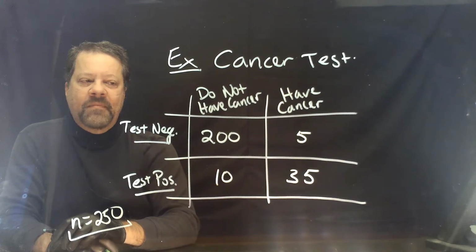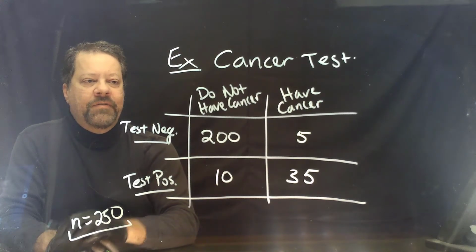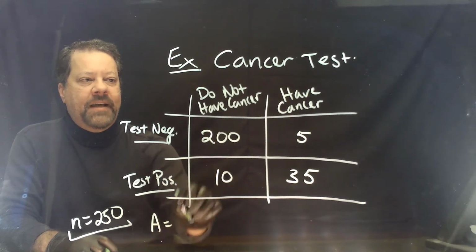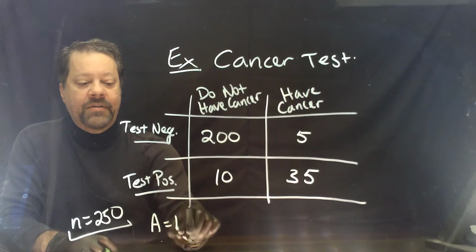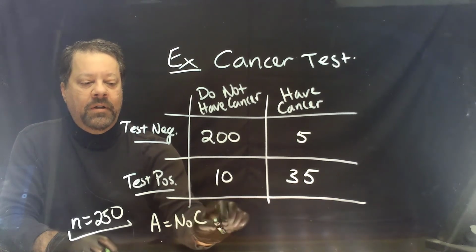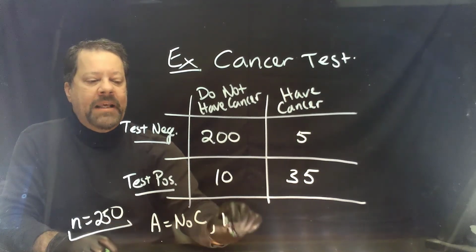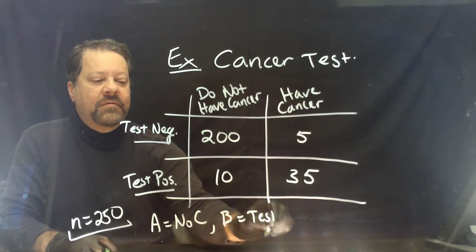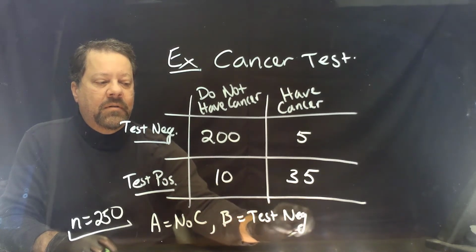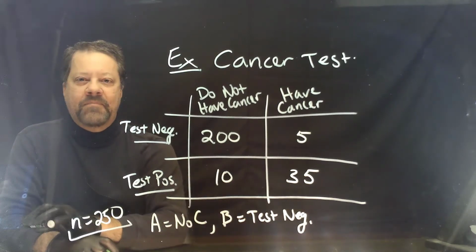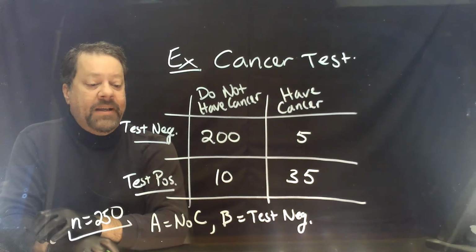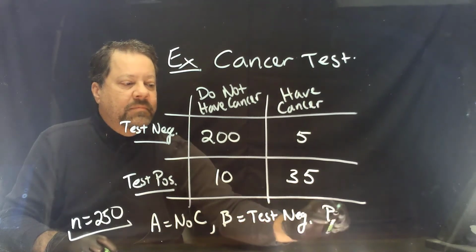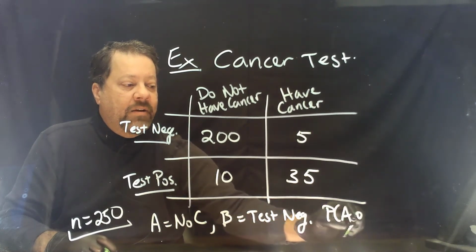Suppose we look at the 2 events. Event A is the event that you do not have cancer, and event B is the event that you test negative for cancer. How do we then determine the probability of A or B?